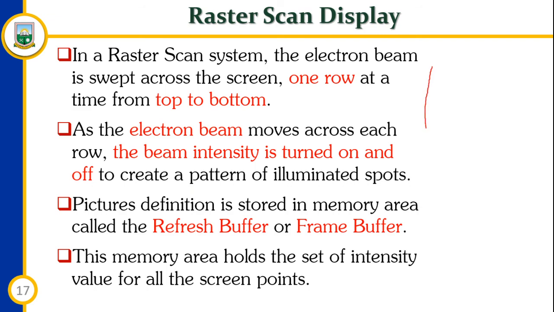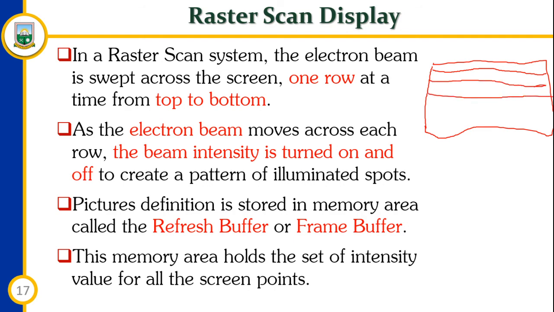So if this is our screen, the beam would have to sweep each row on the screen, all the rows, one row at a time, from the top to the bottom. In fact, this happens very fast.